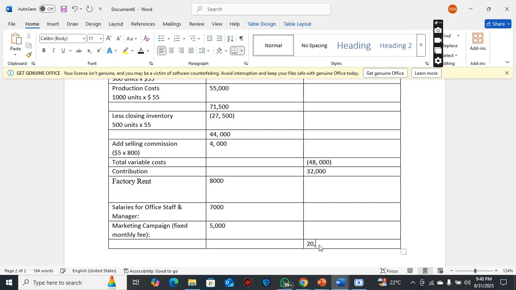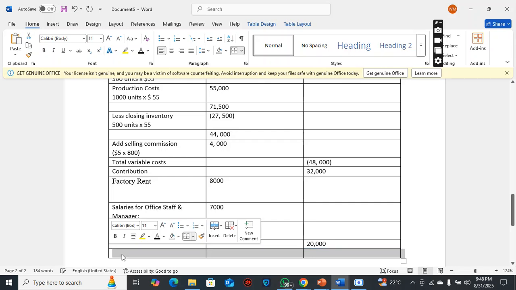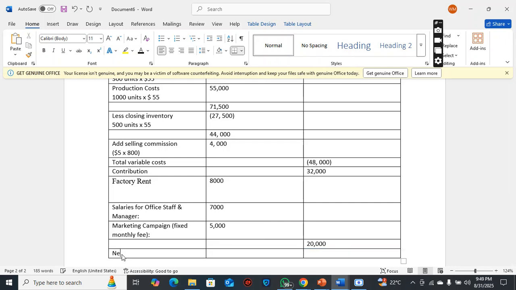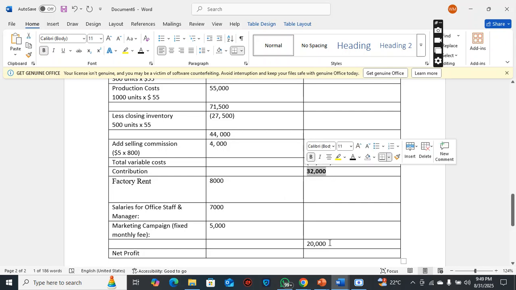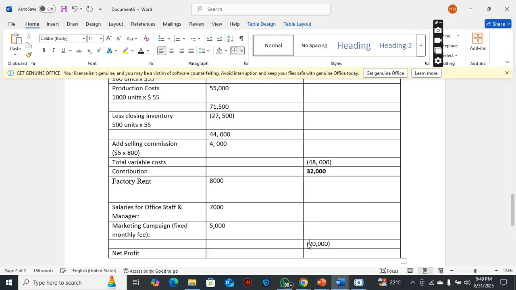These are our total fixed costs. Then, as we said, net profit is your contribution minus your total fixed costs. 32,000 minus 20,000 is 12,000. So that is the profit for this company.